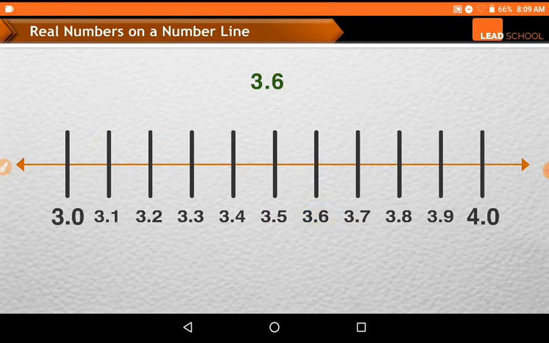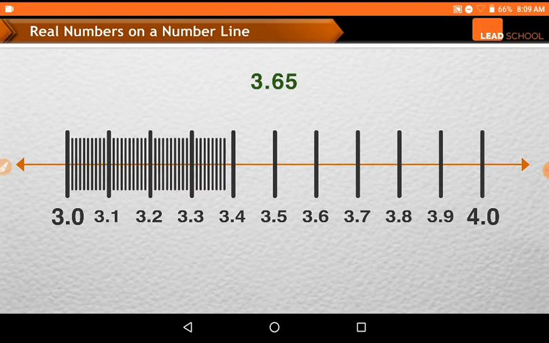Now, let's see how to represent 3.65 on the number line. We can see that 3.65 is up to 2 decimal places, that is, the tenths and the hundredths places, which means the portion between 3 and 4 has to be divided into 100 equal parts.